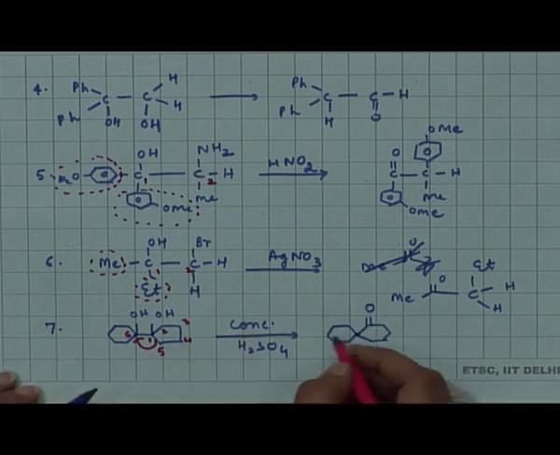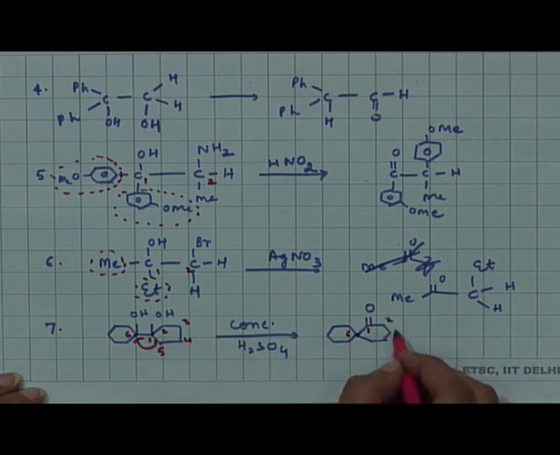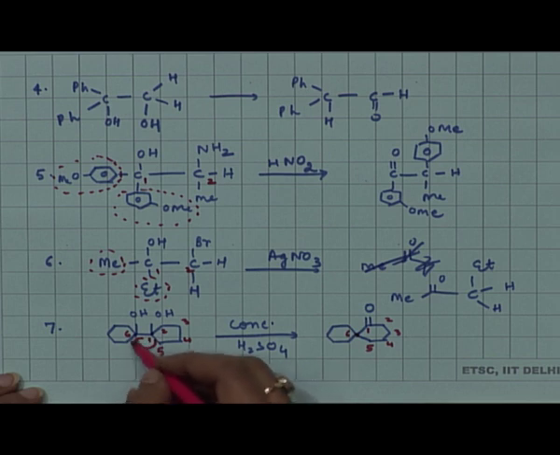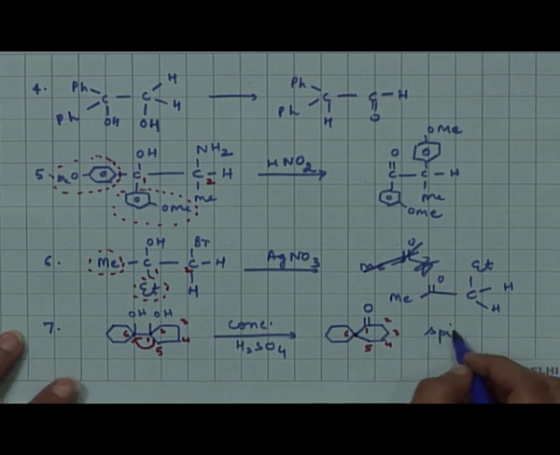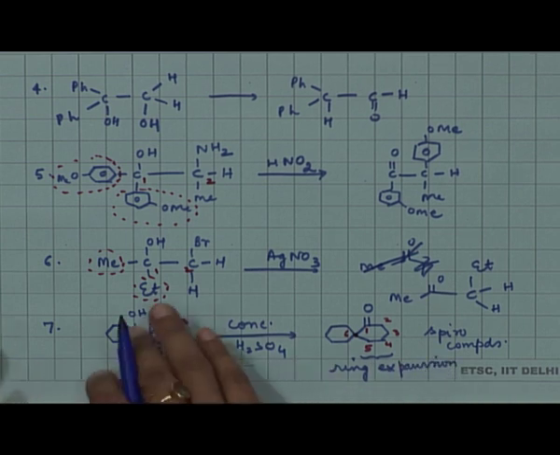So, if I number it again, this is your carbon 6, okay. This is the carbon 1 which was bearing the hydroxyl, 2, 3, 4, and this carbon 5 now gets connected to carbon 6 by this C-C bond migration onto this position. So, you get the ring expansion product, these are spiro compounds. So, what is happening is a ring expansion, a 5-membered is changing into a 6-membered ring. Okay. So, this is an example where your pinacol-pinacolone rearrangement is giving you a ring expanded product.